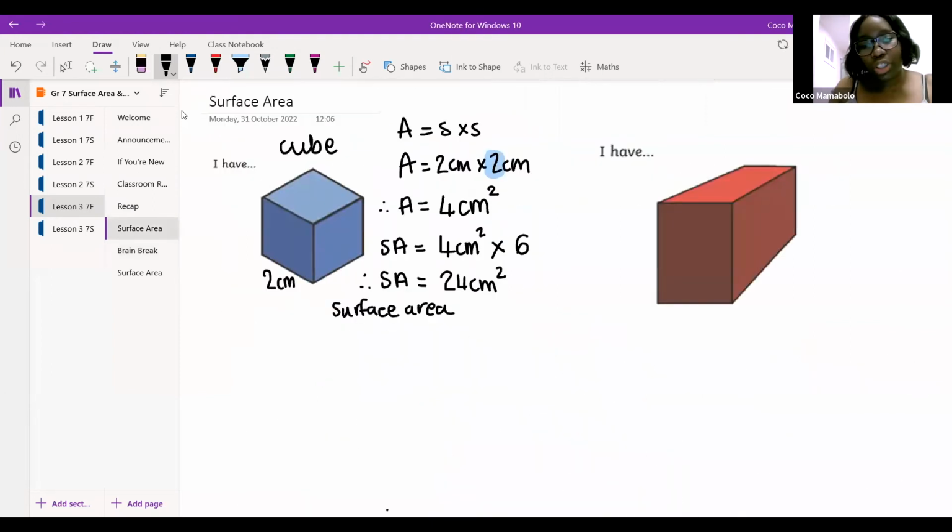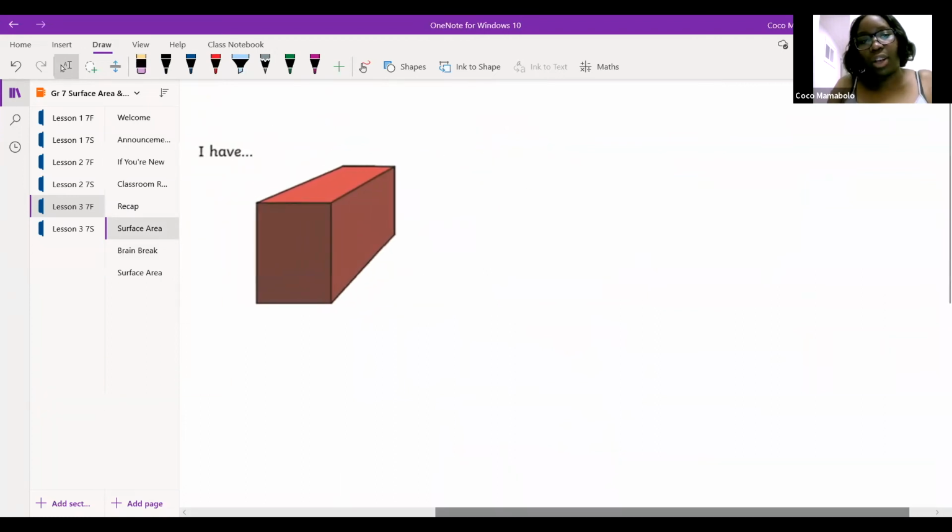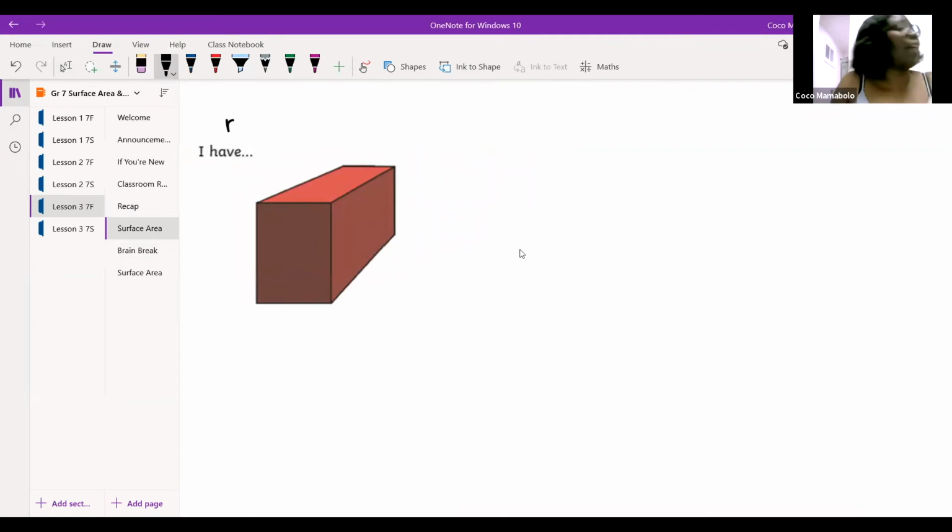All right, we're going to be looking at this next shape. What is this next shape that we're looking at over here on the left-hand side now? Excellent. Emerson's got the right idea. Well done. It's a rectangular prism.